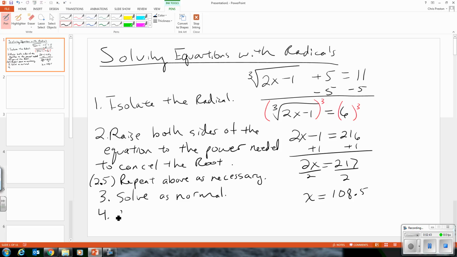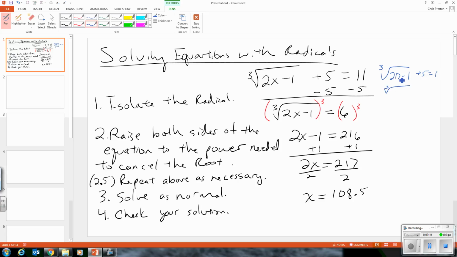And then step 4, check your solution. I want to make sure this actually works in this problem. So I substitute that in for my value of x, and I get 2 times 108.5 is 217, minus 1, plus 5 equals 11.